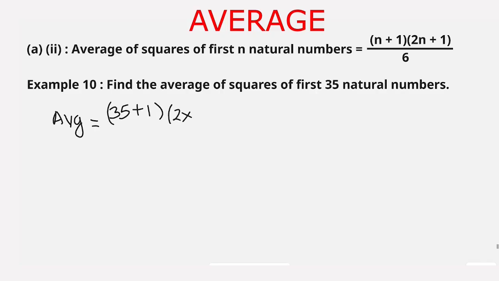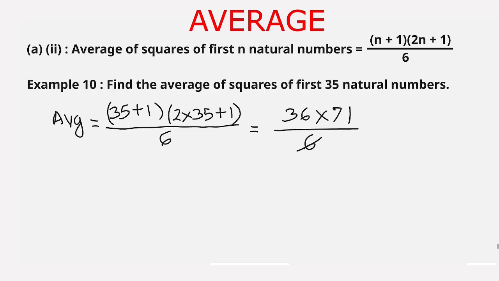So 2 multiplied by 35 plus 1 divided by 6 is equal to 35 plus 1 is 36 multiplied by 2 into 35 is 70 plus 1 is 71 divided by 6. 6 divides 36 for 6 times and 6 multiplied by 71. 6 times 1 is 6 and 6 times 7 is 42. So the average of squares of first 35 natural numbers is 426.